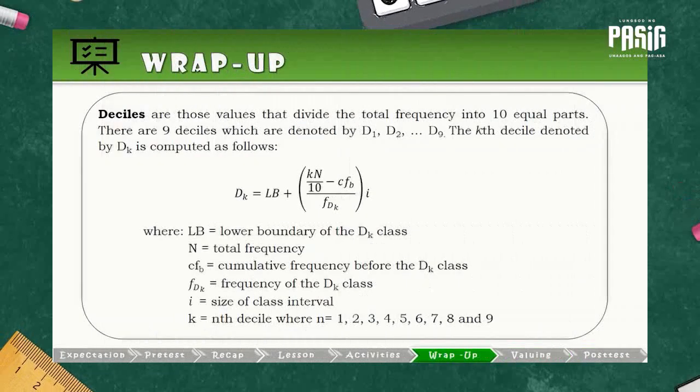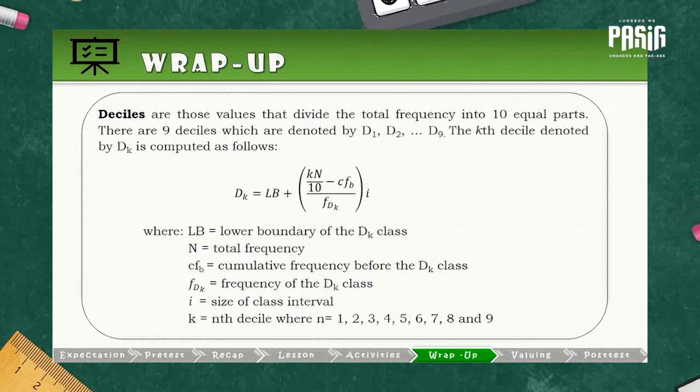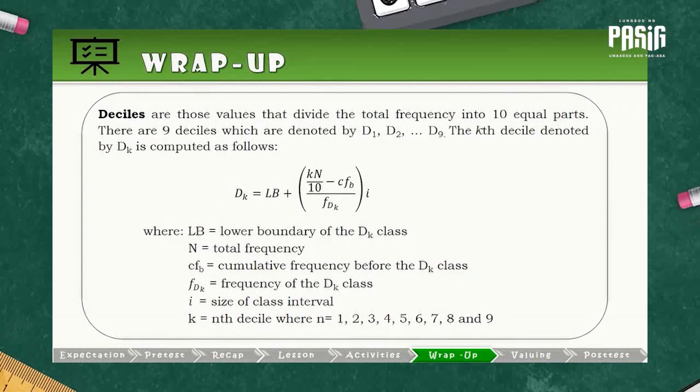To wrap it up, deciles are those values that divide the total frequency into 10 equal parts. There are 9 deciles which are denoted by D sub 1, D sub 2, up to D sub 9.